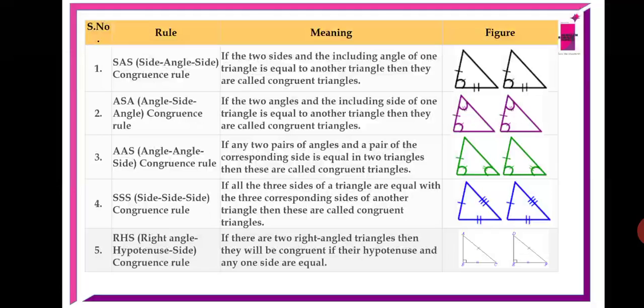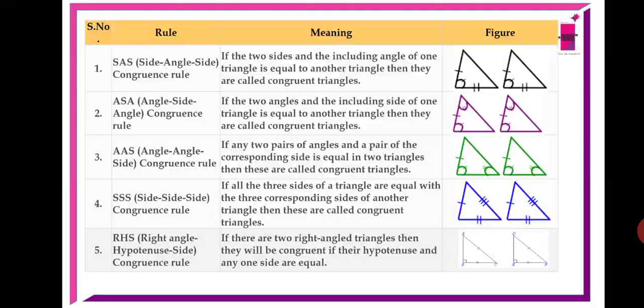Second rule, the angle side angle congruence rule, and the angle angle side congruence rule are almost the same. If two angles and the included side of one triangle are equal to those of another triangle, then they are called congruent triangles. In the same way, not only two angles and the included side, but two angles and a side on any side.